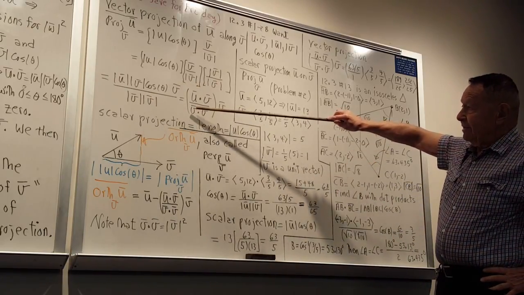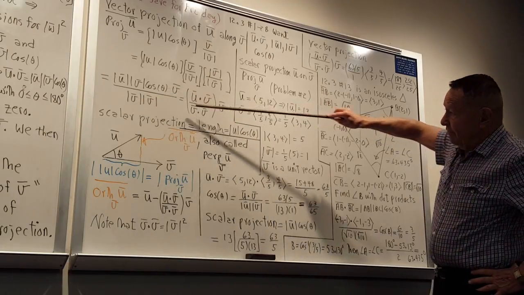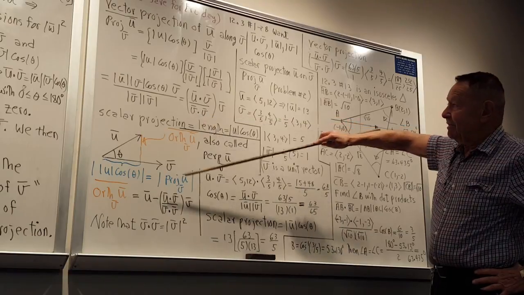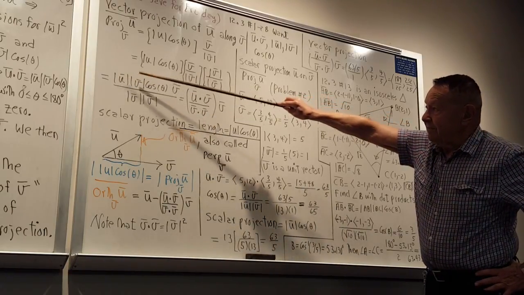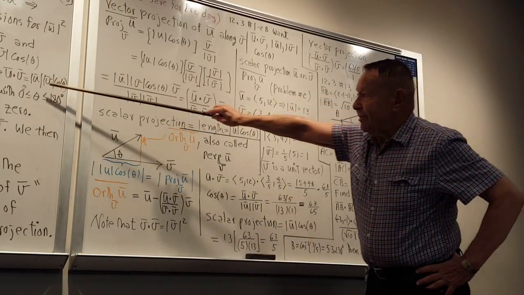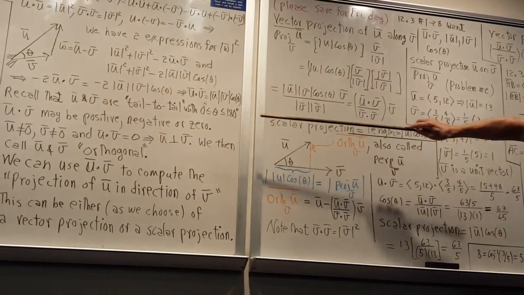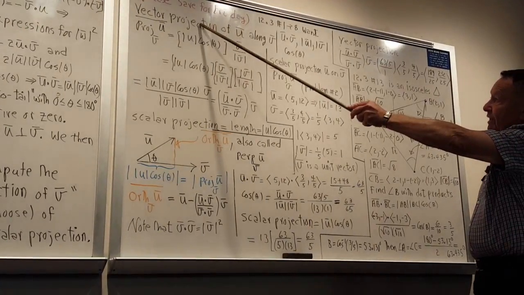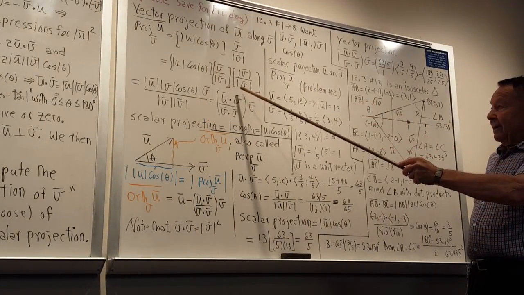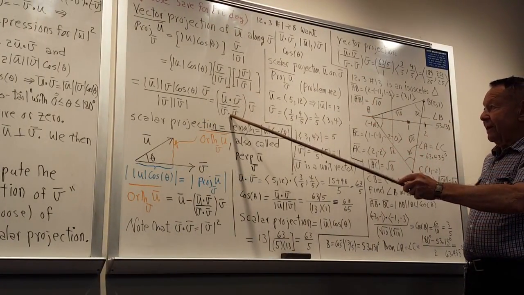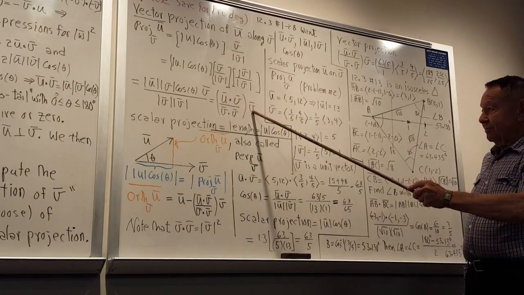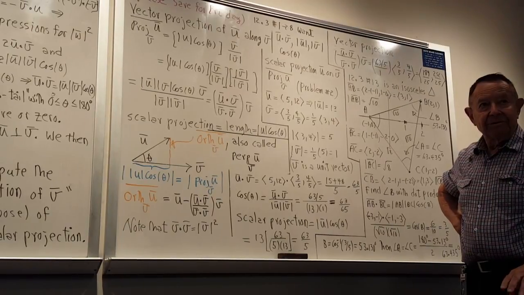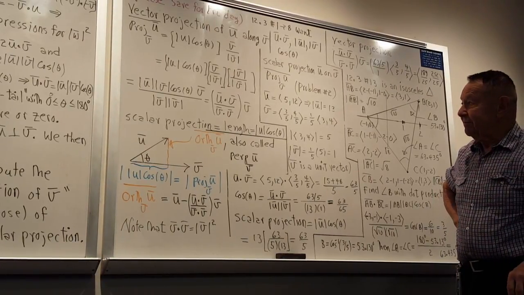Okay, this is v dot v, that's what v dot v is, and this times that from here is u dot v. So you can write your vector projection as a quotient of dot products times the vector that you're projecting onto, which is a handy way to say it.